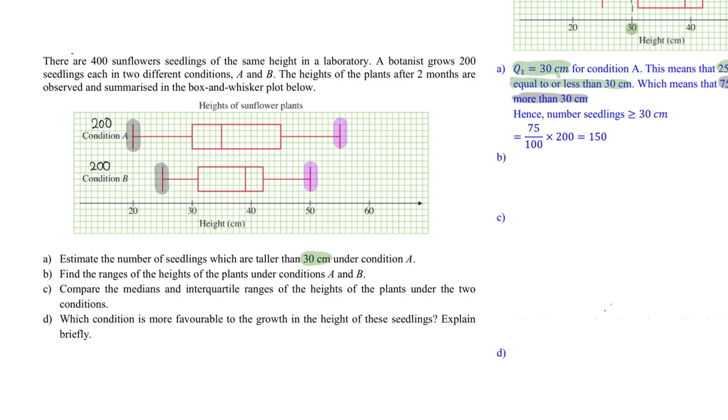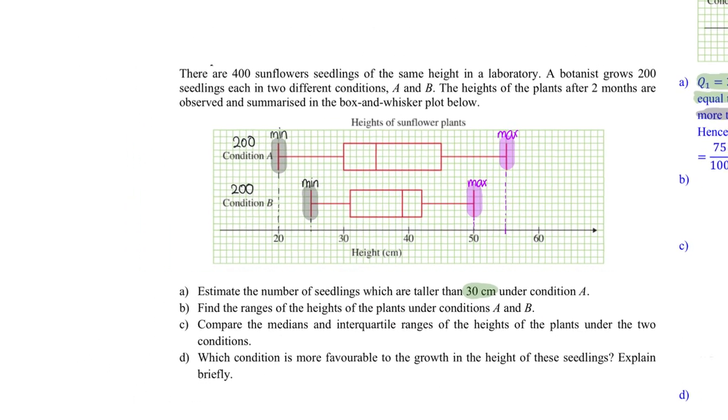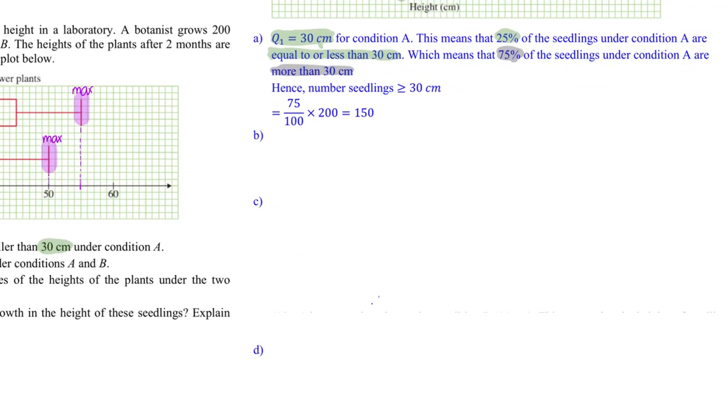So again, this is our minimum, and this is my maximum. Okay, so I will be able to get all my answers fairly easily from here and here. Therefore, the answers that you see here are what they are.